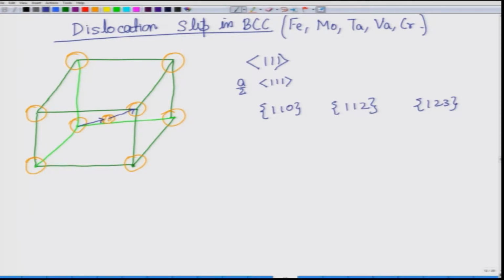What is very interesting about BCC is that if you take one Burgers vector like this particular Burgers vector, it can lie on 3 different 110 planes, 3 different 112 planes and 6 different 123 planes. So, in all, one Burgers vector has 12 possible planes to slip on.